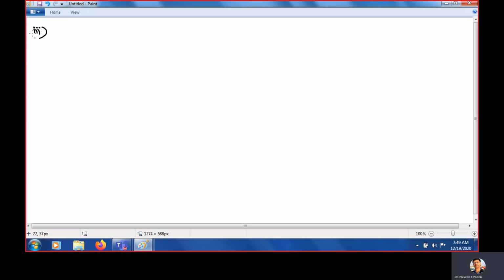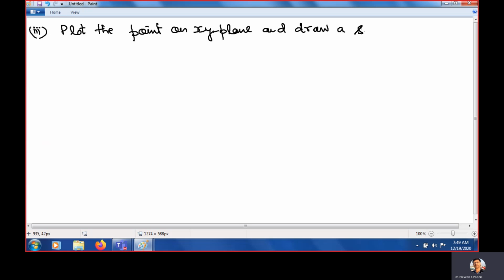Now the third type of example: plot the point on the xy plane and draw a symmetrical point with respect to the y-axis.